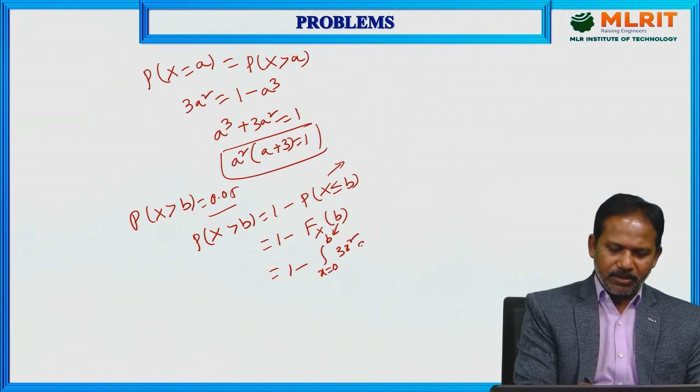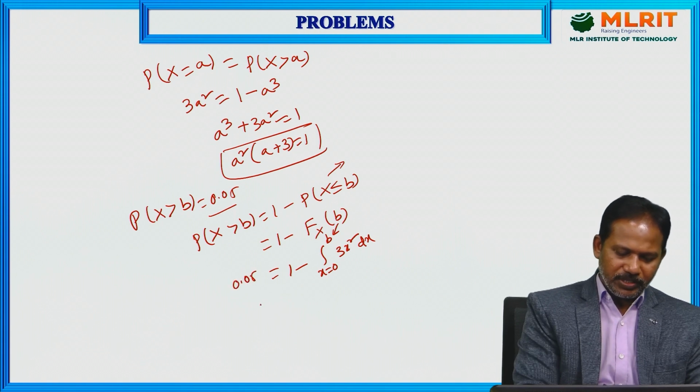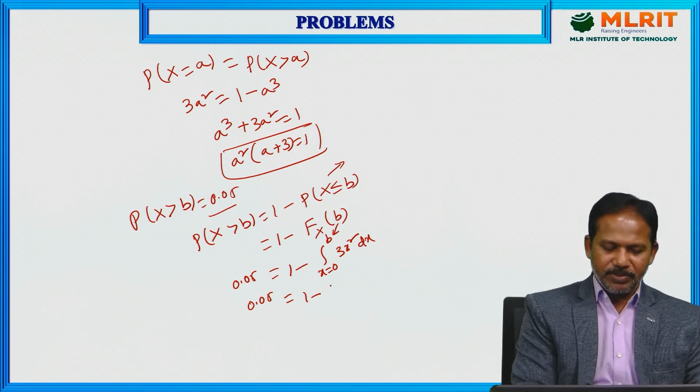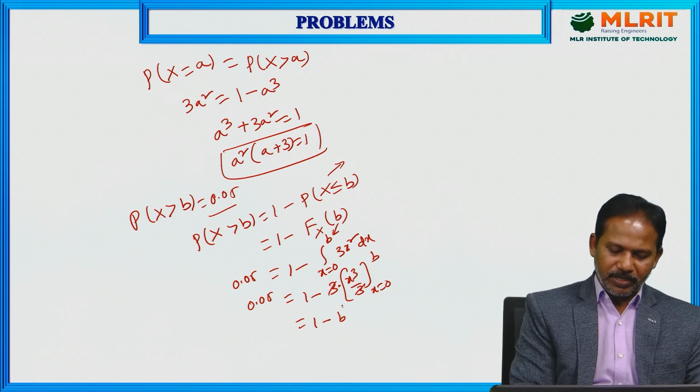With dx, this total value will be given as 0.05, that is 0.05 is equal to 1 minus the integration of 3 into x square, which is x cube by 3 from x equal to 0 to b. The 3s cancel, so that is 1 minus b cube.